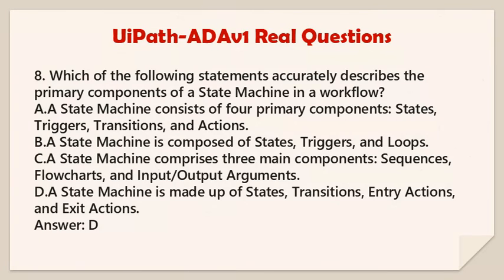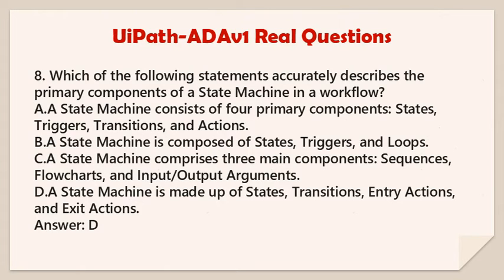8. Which of the following statements accurately describes the primary components of a state machine in a workflow? A. A state machine consists of 4 primary components: states, triggers, transitions, and actions. B. A state machine is composed of states, triggers, and loops.